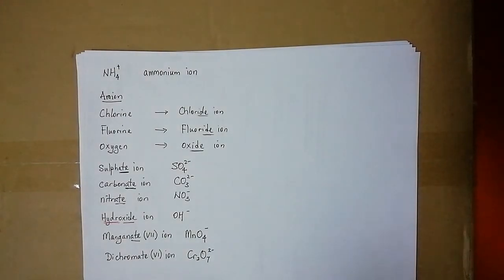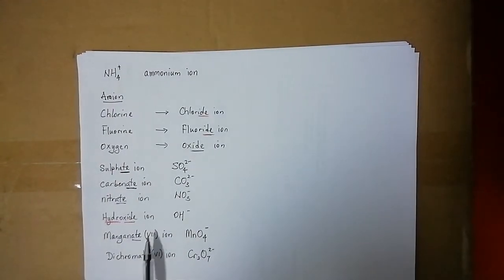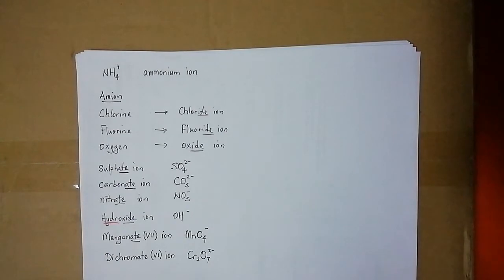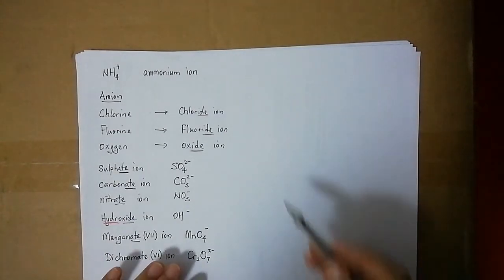So the Roman numeral here will help you know whether the ion is charged 1 negative, 2 negative, or 3 negative, and so on. Okay, so this is for ionic compounds.